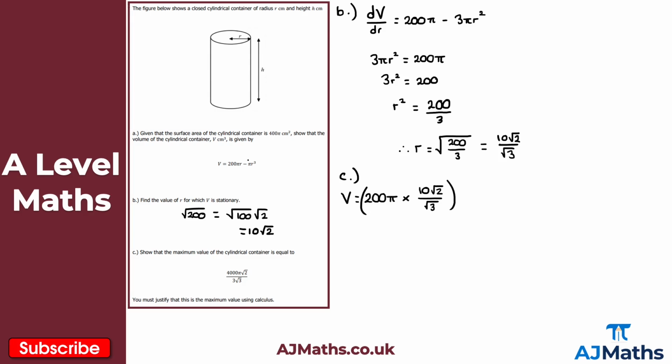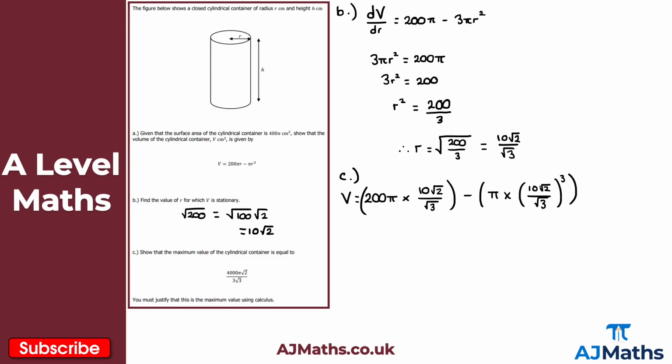And then we subtract pi R cubed. So minus, in a bracket again, pi times R cubed. R here is 10 root 2 over root 3. So pi times 10 root 2 over root 3, all cubed.